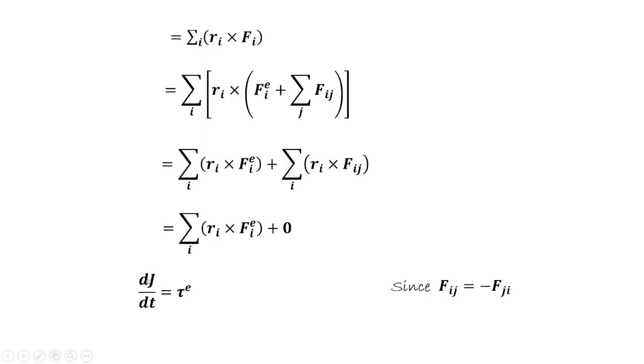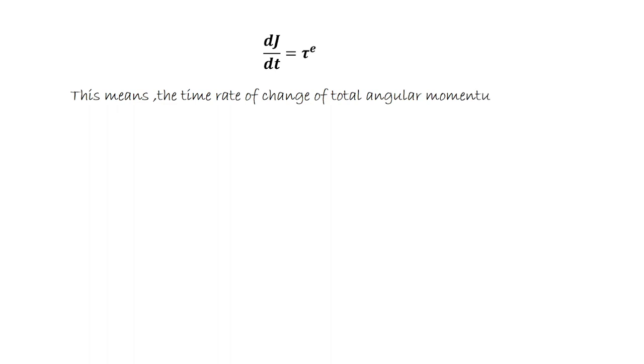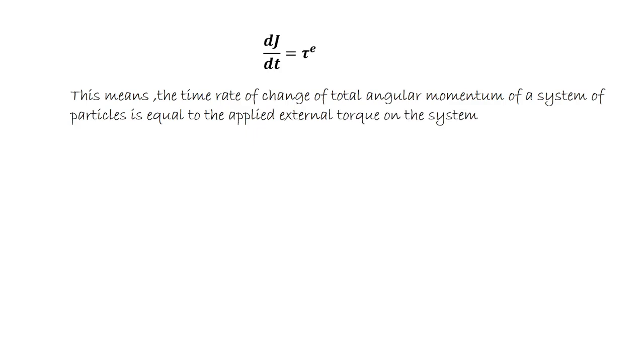Then dJ divided by dt equal to this r cross F, which is nothing but the torque tau, the external torque. So dJ divided by dt equal to tau e, where e means the external torque of the system. This means the time rate of change of total angular momentum of a system of particles is equal to the applied external torque on the system.